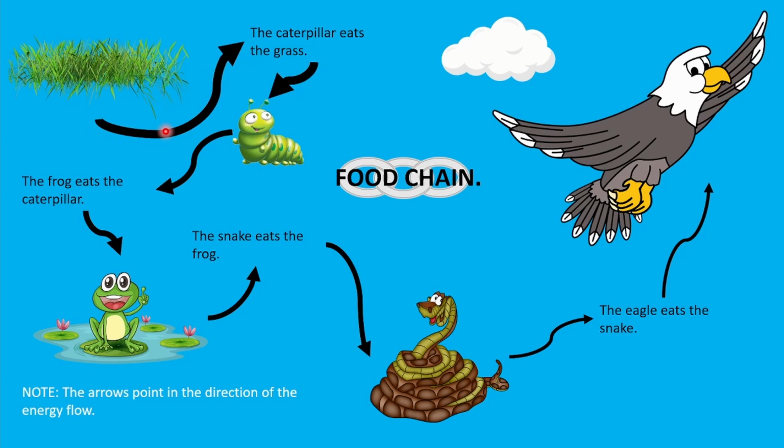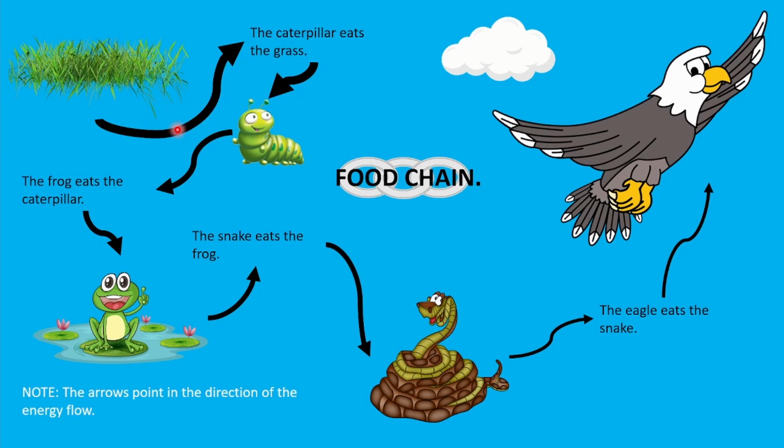So here I have a big fat arrow to the caterpillar, and then a slightly thinner arrow to the frog, and then from the frog to the snake, a thinner arrow, and from the snake to the eagle I have a very thin arrow.